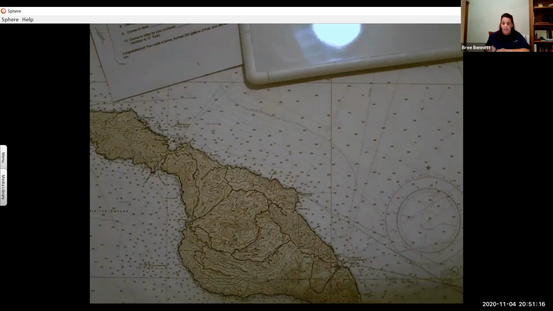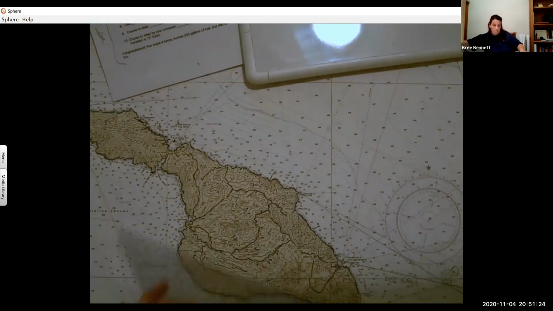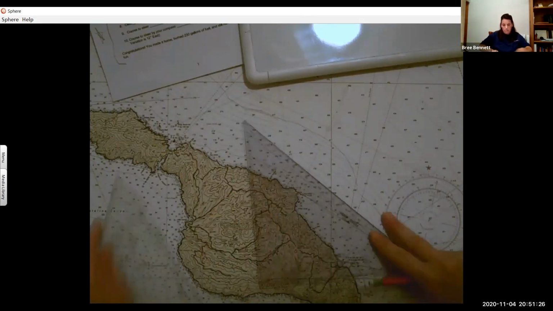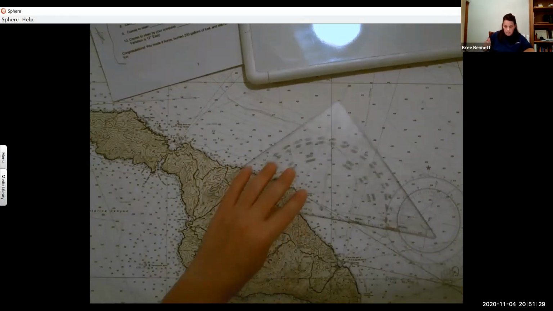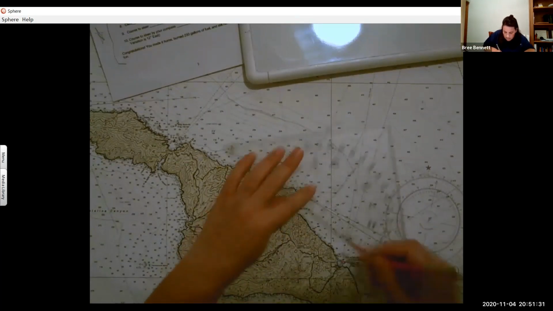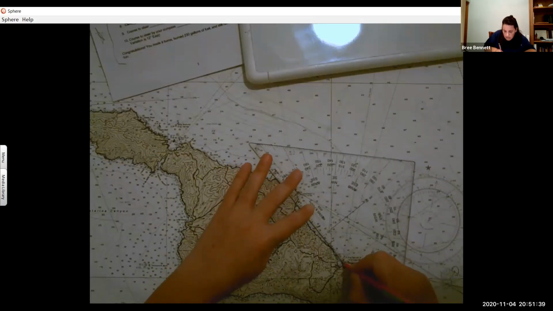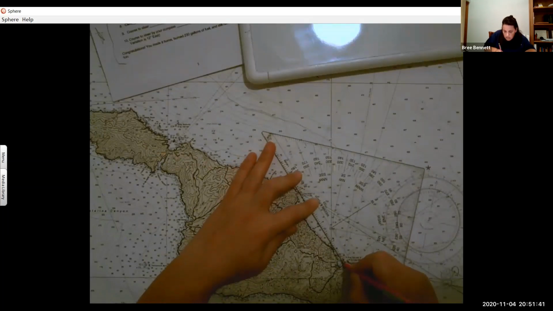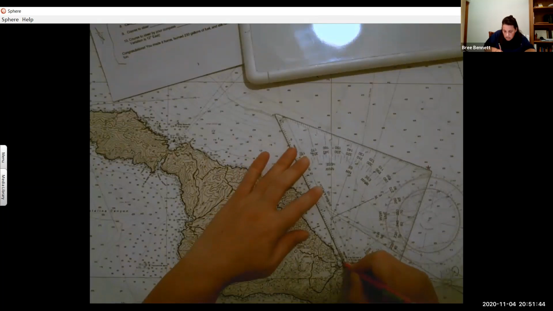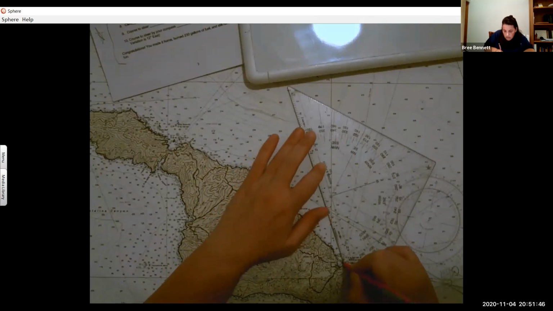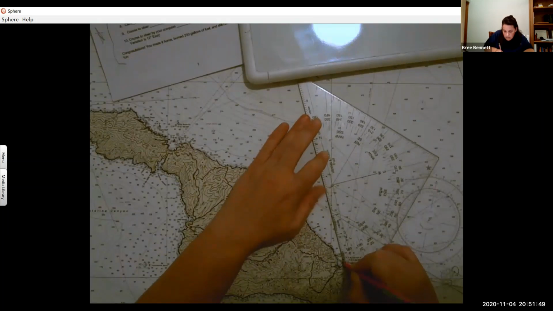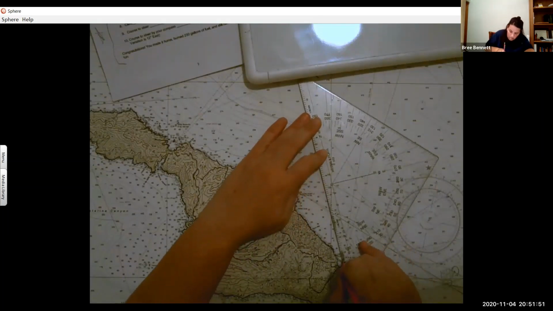I'm going to plot my 347 just so I have that on the chart. This one is better for you guys. So from Avalon, I'm just kind of putting my pencil right on the 16 there, that's sounding. Looking for 347. Okay.